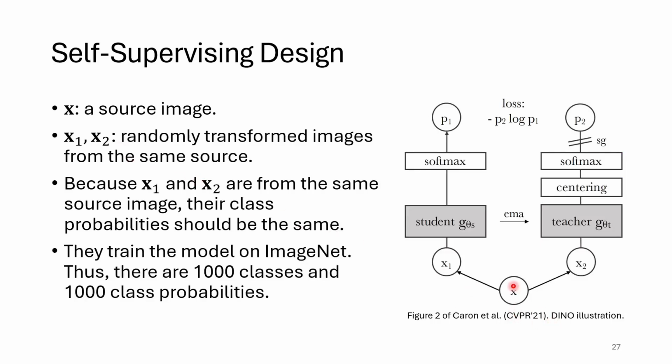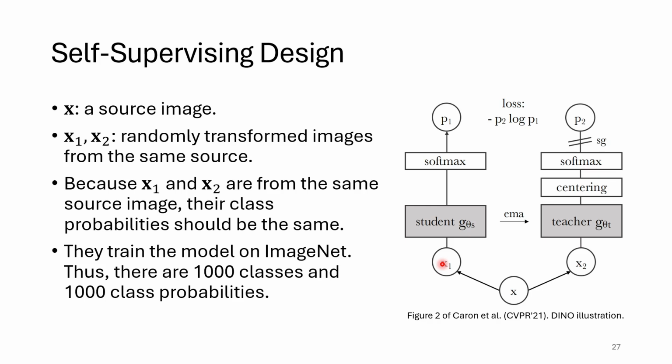The X means the input image, and then they use the same input image to create two generated images, X1 and X2. Because X1 and X2 are generated from the same image, they should share the same class label, or belong to the same class.